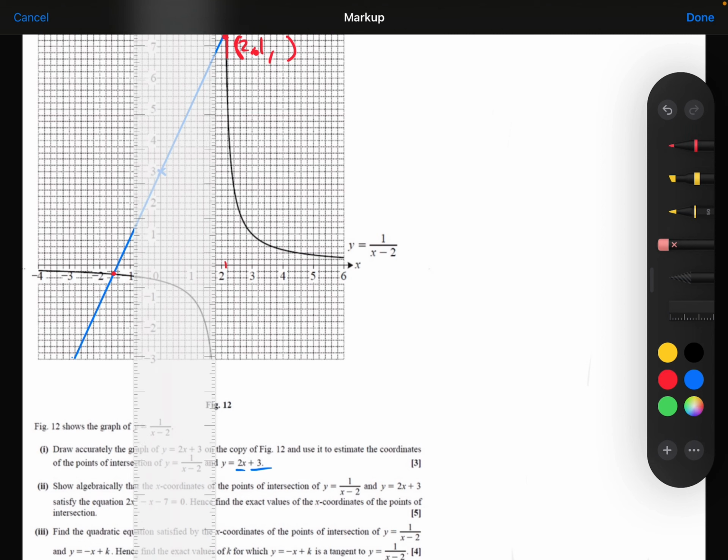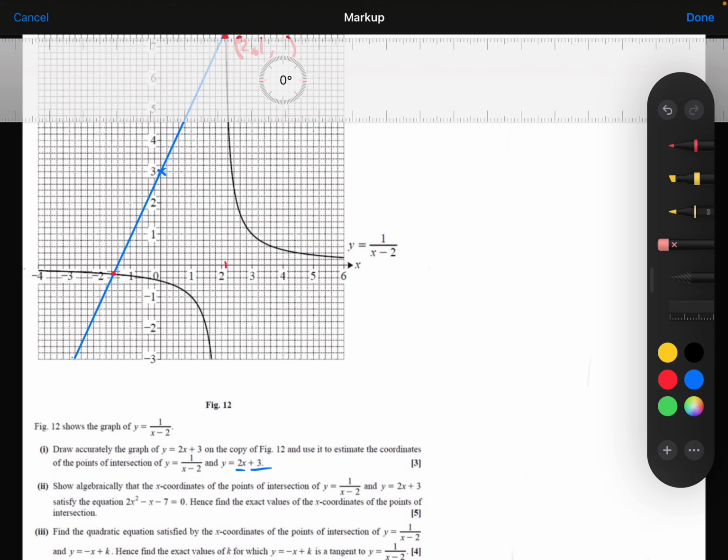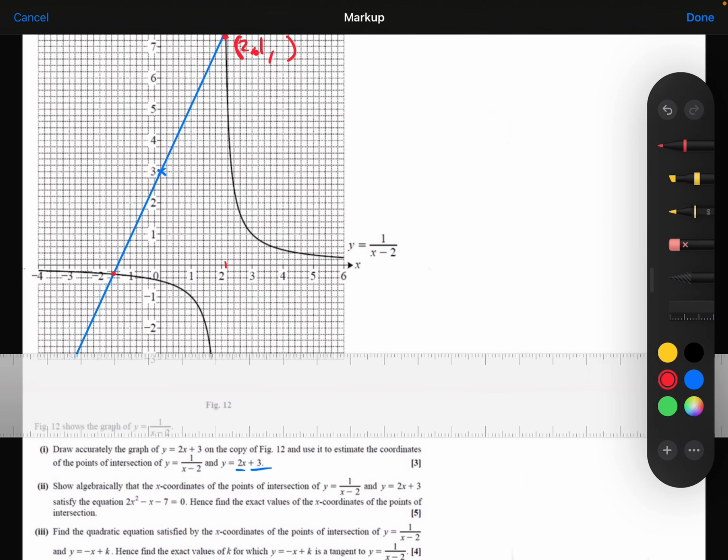The y coordinate there, I think, is about 7.3 by my reckoning.